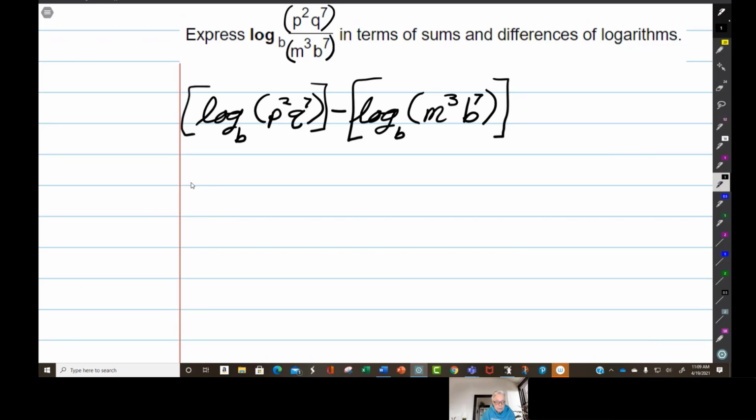Here, I'm going to have log base b of p squared plus log base b of q to the 7th.